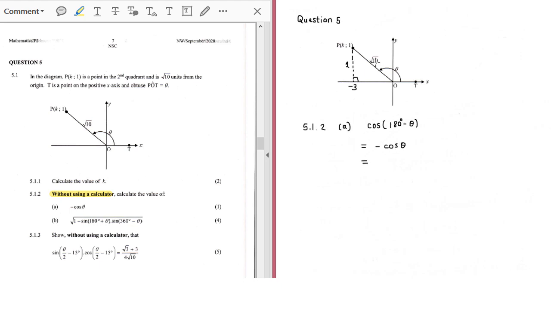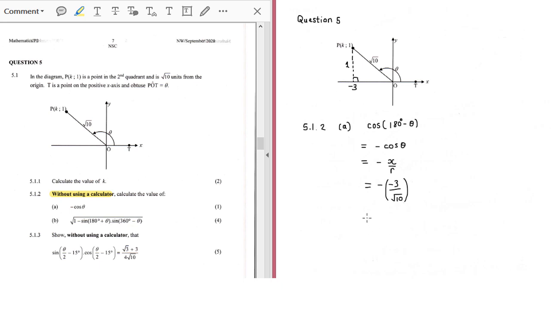So that means that we can actually use this diagram to evaluate this. So we're going to have negative, and cosine is basically x over r. We know that the x value there in this triangle is -3, and the r value is the distance of the hypotenuse, which is square root 10.